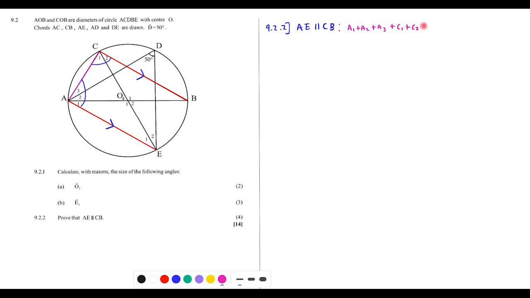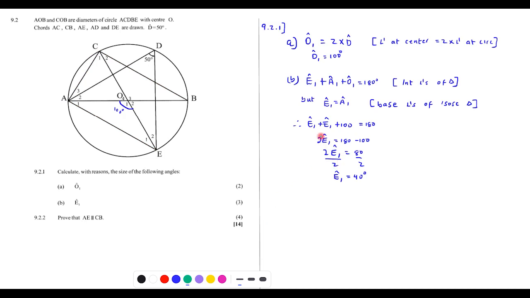Now with this, you don't need to try other ways. You just need to ask yourself, with what you just gathered, do you have enough angles to actually show that if you take these and add them, they will give you 180? In this case we do, because previously we said that A1 plus A2 plus A3 is 90.